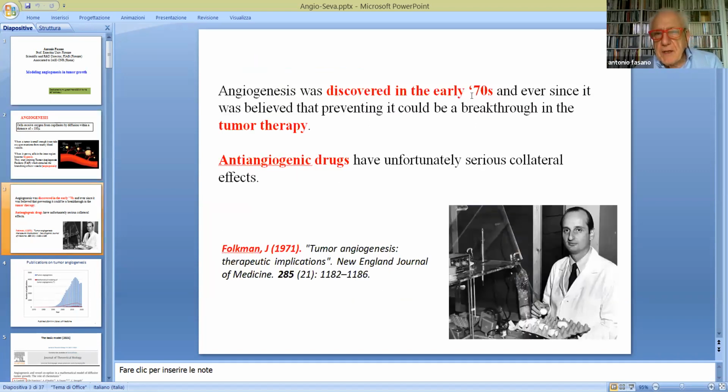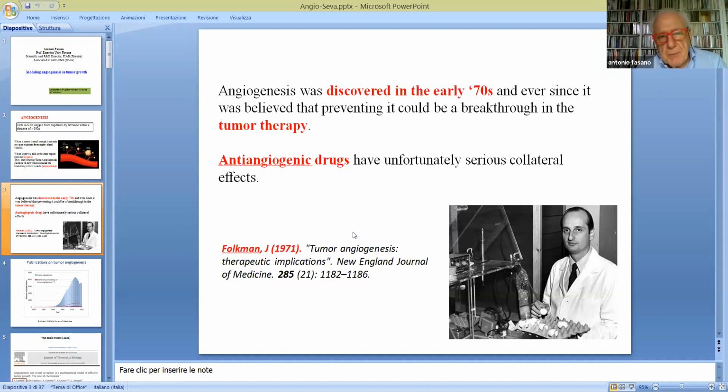It was discovered in the early 70s by this man here, Folkman, and very soon it became evident that if we can block this angiogenesis, then we can starve the tumor, and we can control its growth, or we can even eliminate it. But this plan never was successful. There are anti-angiogenic drugs, but they still have serious side effects.